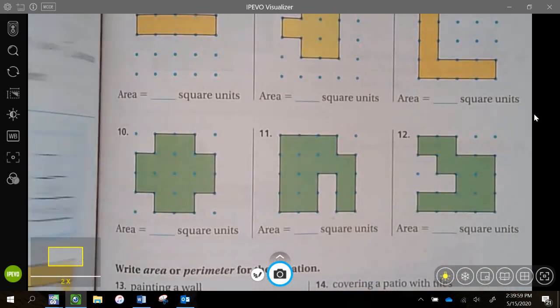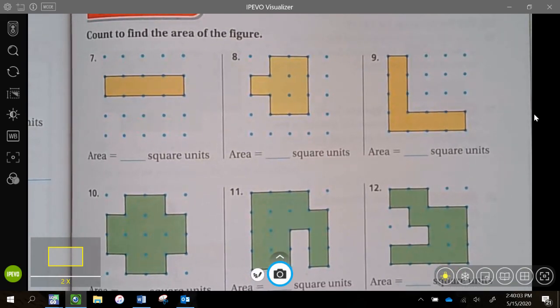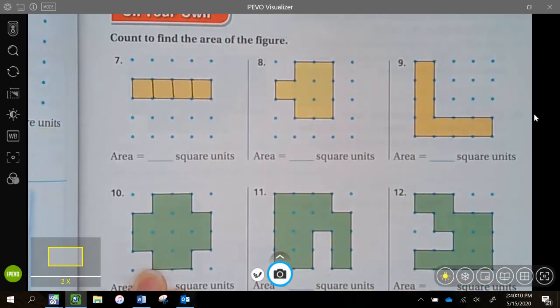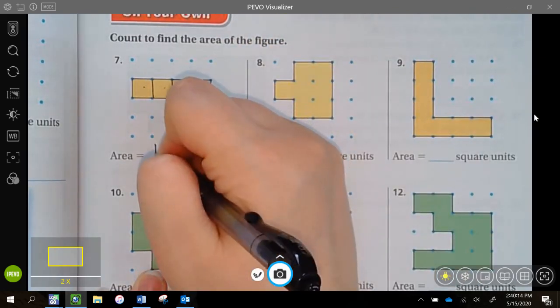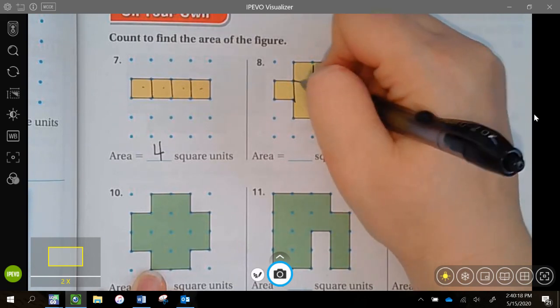Okay. Let's try a couple more of these so that you feel comfortable, and then we'll move on to our next lesson. Again, we're counting the area and breaking it up into squares and then counting the squares. So this is 4. This one's cool because it has a square on the side.